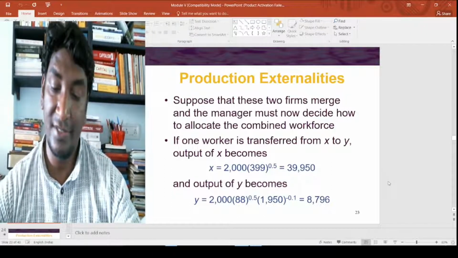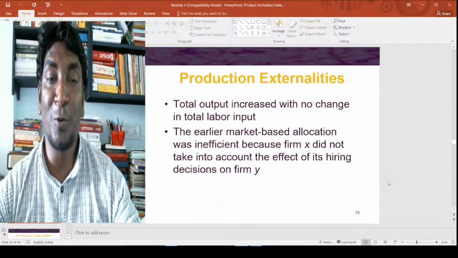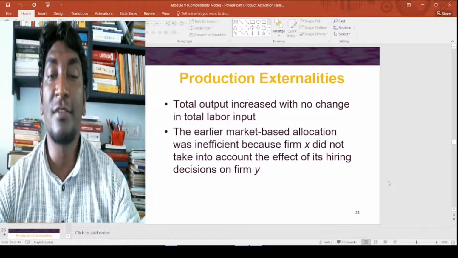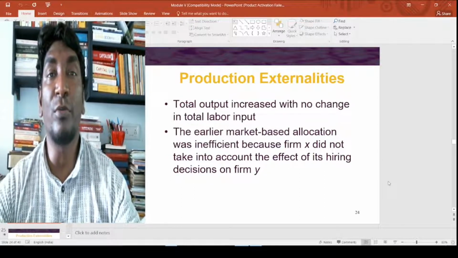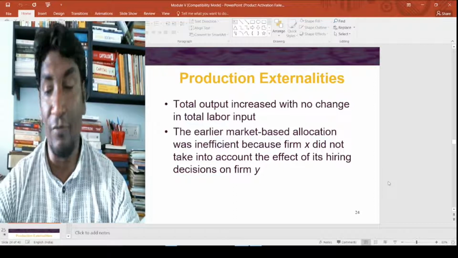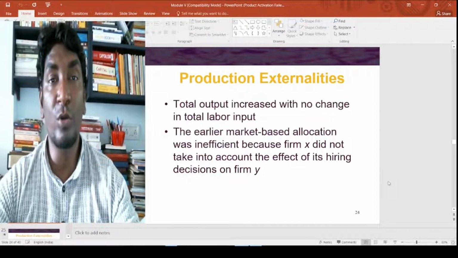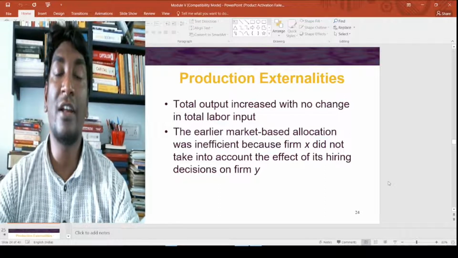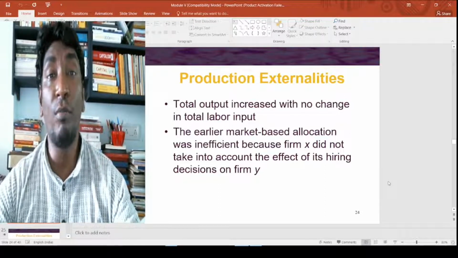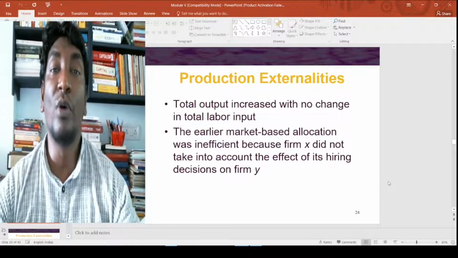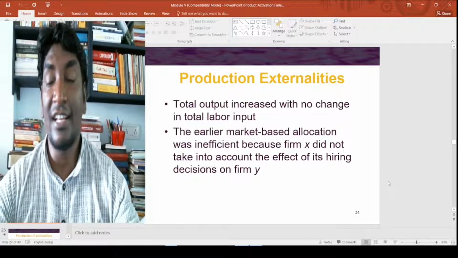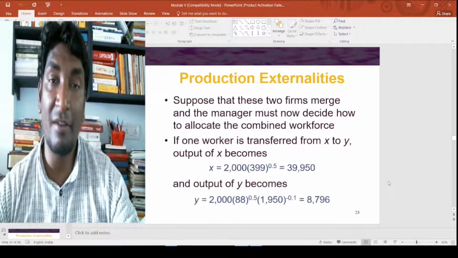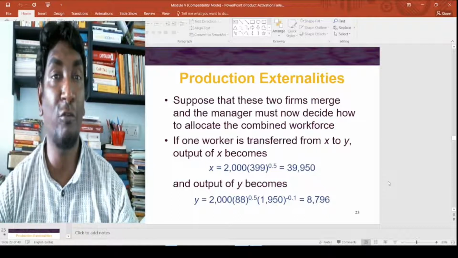So the total output increases with no change in the total labor. What you do is rearrange your labor force to have an output which is almost the no externality case. In the no externality case, our maximum capacity is 40,000.